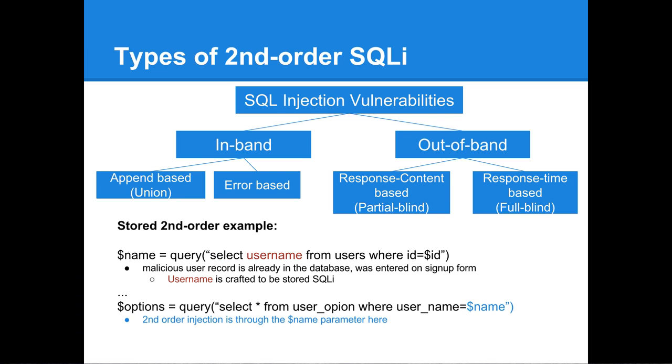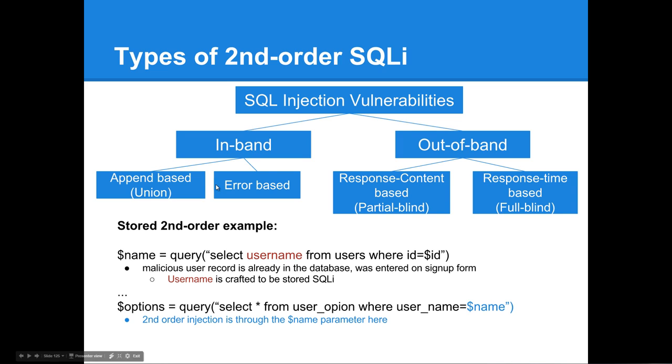Another scenario is when, say, in form submissions, users can store variables on the PHP or database side that can be later used to trigger a SQL injection vulnerability. For instance, if we assign name to be the result of this query, select username from users table, where ID is given by the ID.